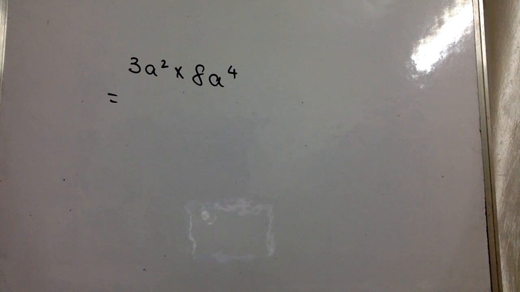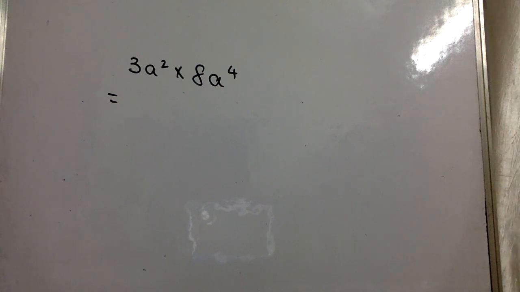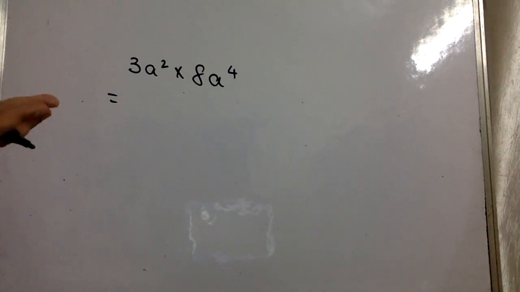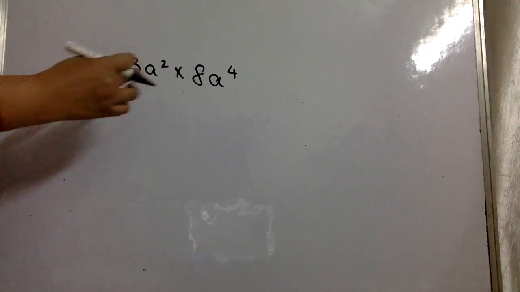We can calculate only between like terms, I had told you. But in multiplication and division, I can calculate between unlike terms. So this time you don't have to wait for like terms only. You can calculate between unlike terms. We can multiply two unlike terms. Now here clearly you can see these two are unlike terms, isn't it? Now what to do?